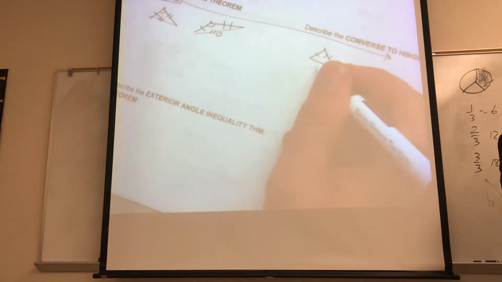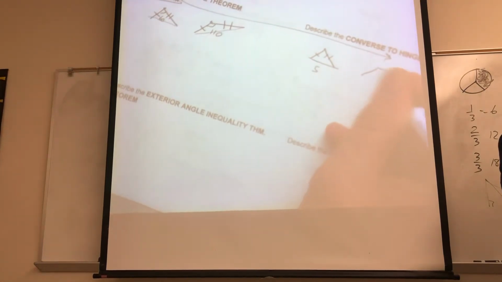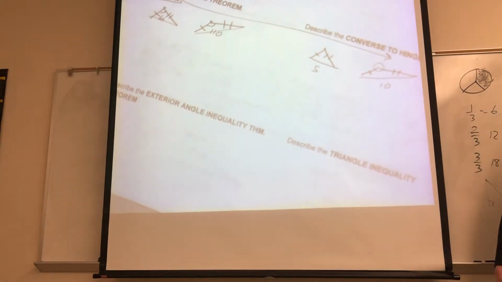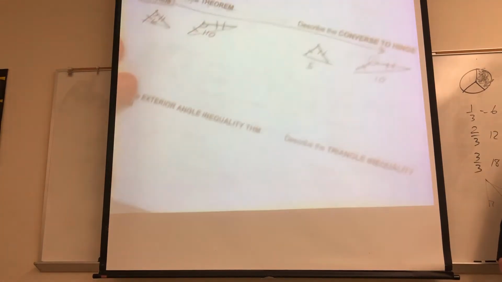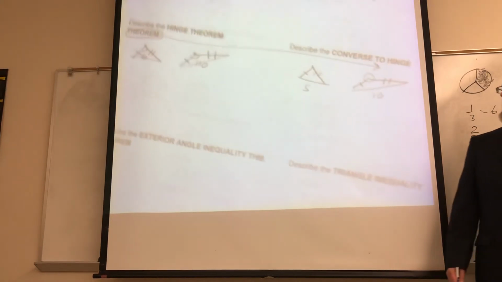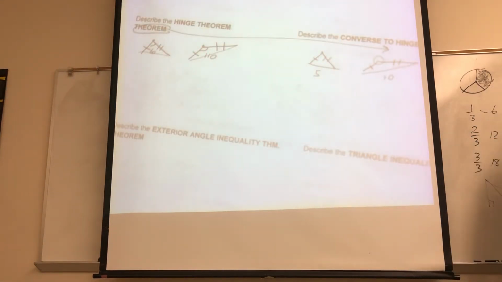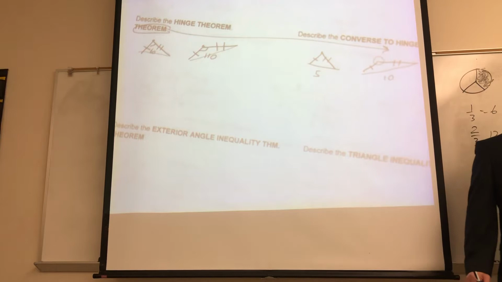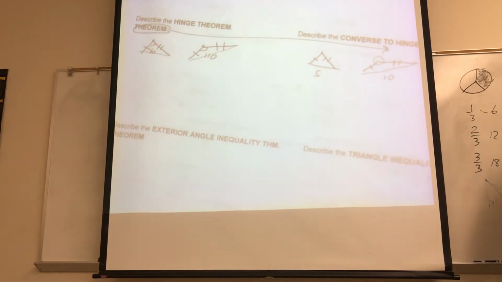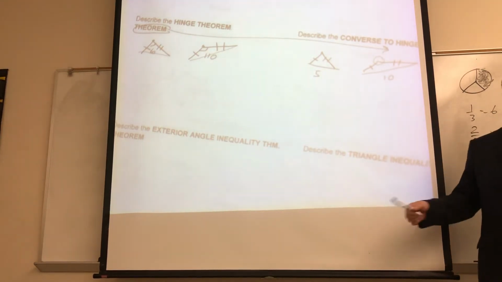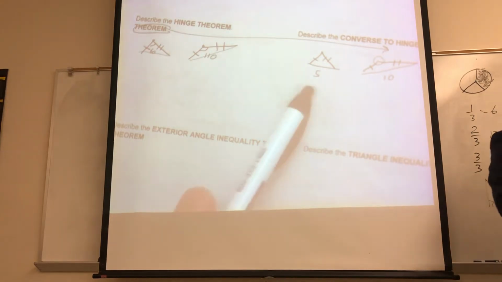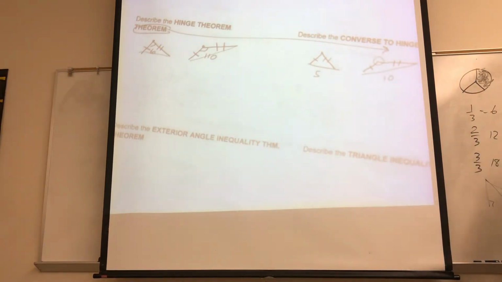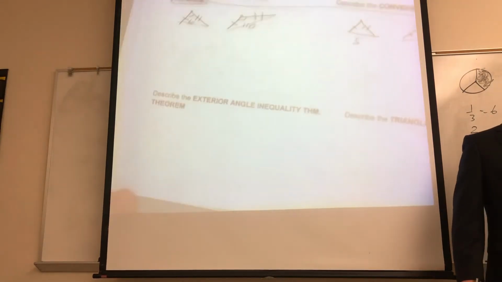So if this opens up to a 5, and then this one opens up to, like, say, a 10, then this is going to be a larger angle because of the way that works. Okay? So the Hinge theorem says if we open it to a greater angle, we are going to have a greater side. The converse to the Hinge theorem says if it opens up to a greater side, it's going to be a greater angle.